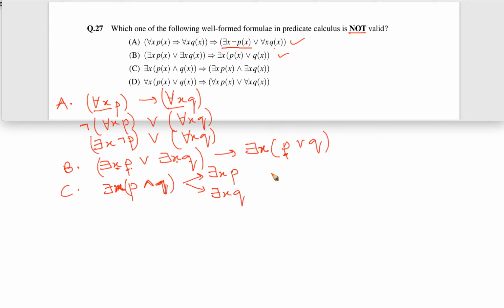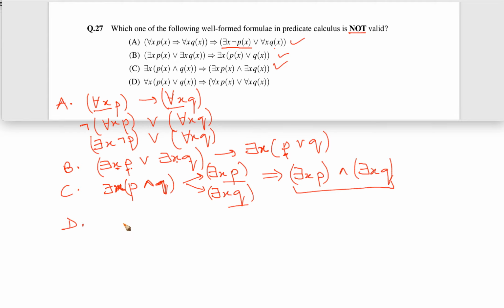Since this thing is separately correct and this thing is separately correct, it implies that there exists x p and there exists x q. If I take and of both of them, that will also be correct, because individually I can claim that both of them are true. So C is also implying correctly.